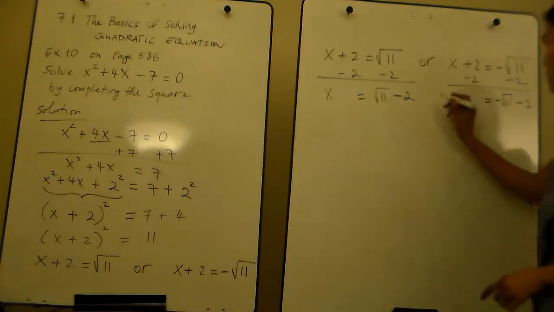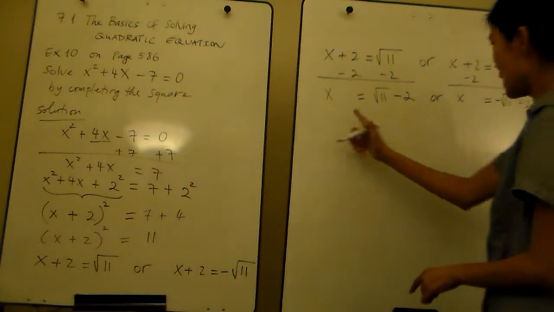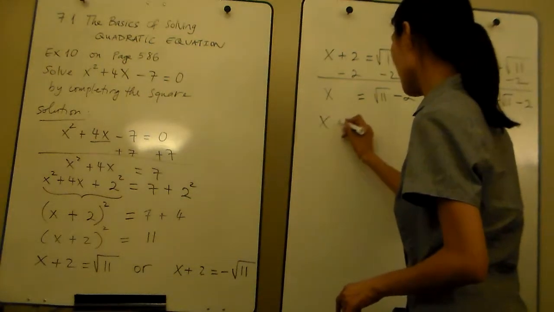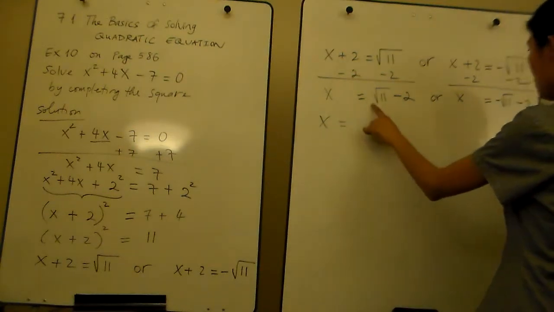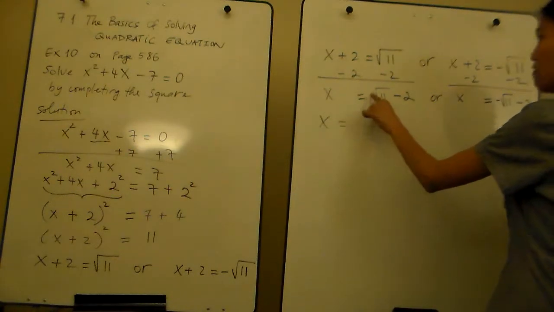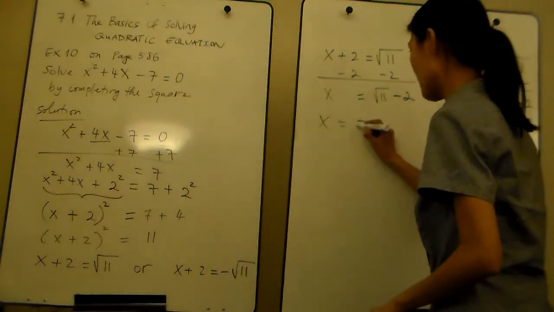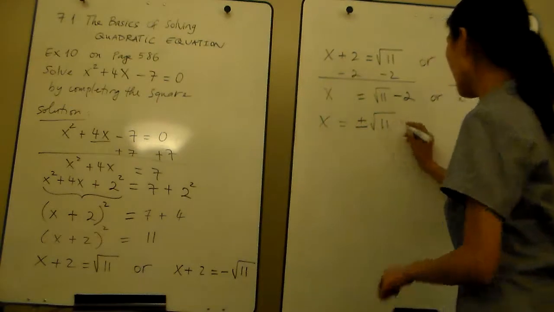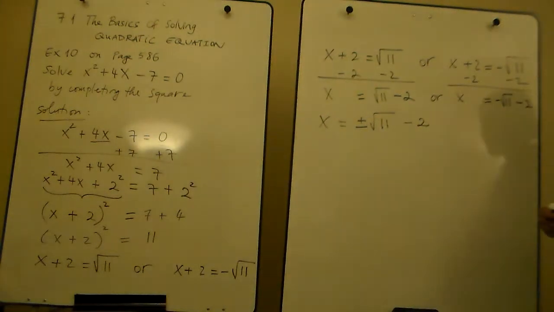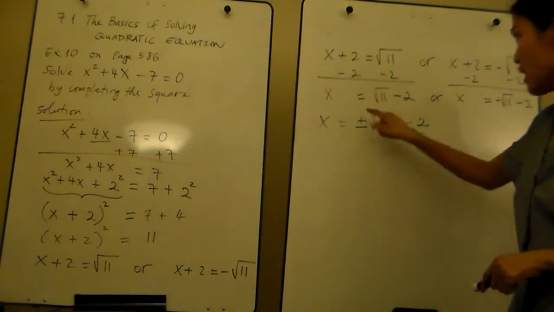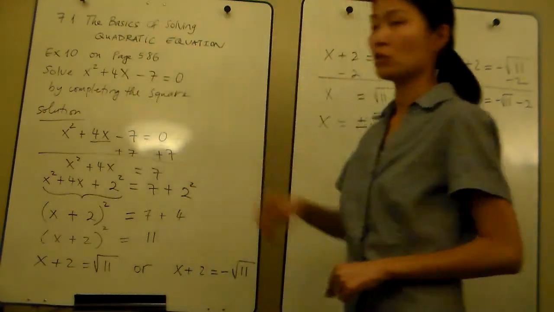So you have two solutions here. The or goes in between. You can write the two solutions as one. And you see this is positive square root of 11, this is negative square root of 11. So you can write this as positive or negative square root of 11, minus 2, the same as rewriting here. So if you test by substituting this x into this equation, it turns out the left-hand side will equal the right-hand side.